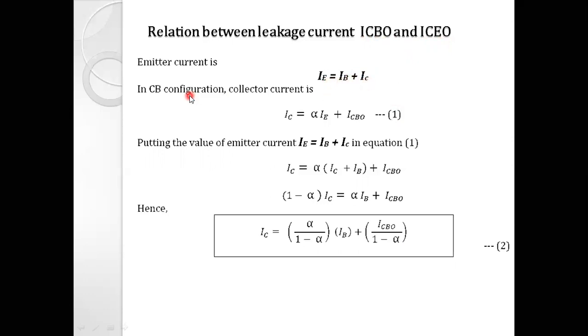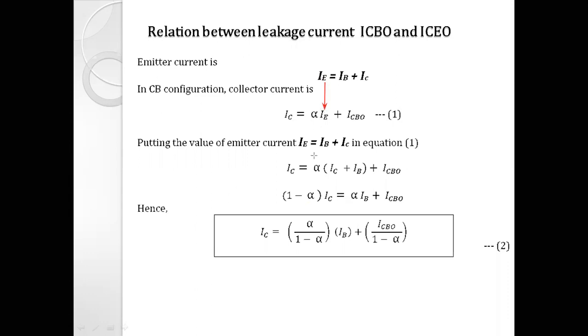In common base configuration, we wrote that the collector current IC is equal to alpha IE plus ICBO. So in this equation, we substitute IE is equal to IB plus IC.